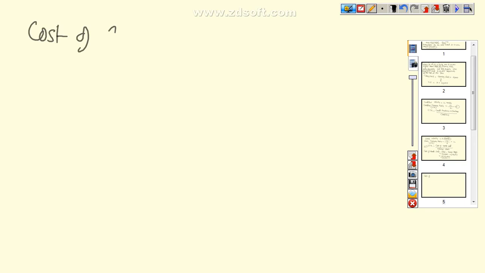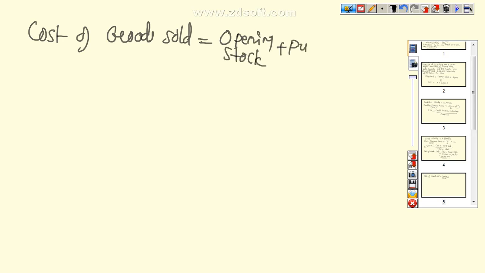Cost of goods sold is equal to opening stock plus purchases minus closing stock. We know the value of opening stock, we know the value of closing stock, we know the value of cost of goods sold.